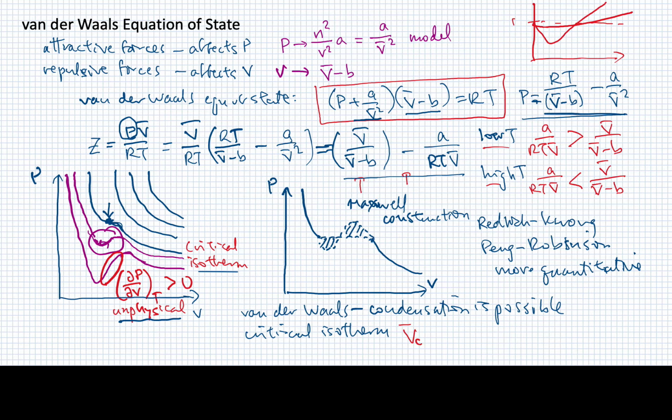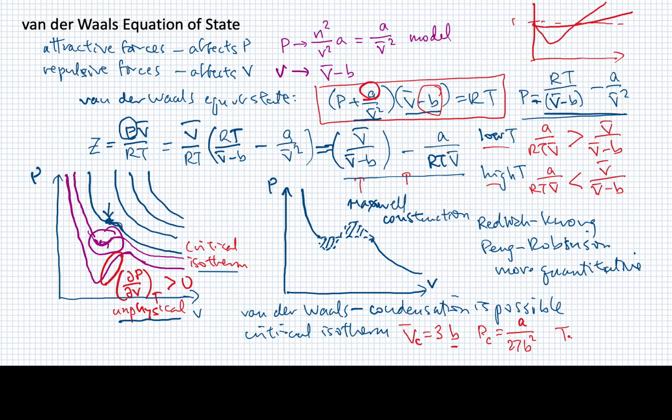The critical molar volume in this case is going to be equal to 3b, where b is this parameter that appears in the van der Waals model. The critical pressure for a van der Waals gas would have the form a over 27b squared, where a is also a parameter that appears in the van der Waals model.